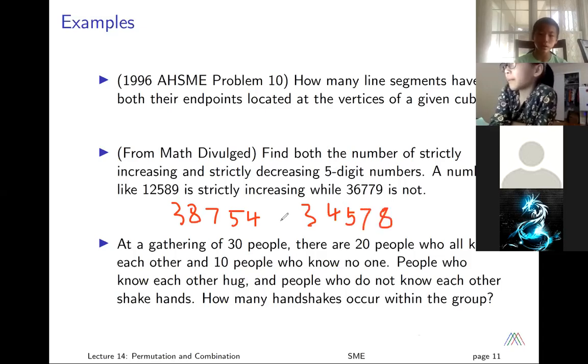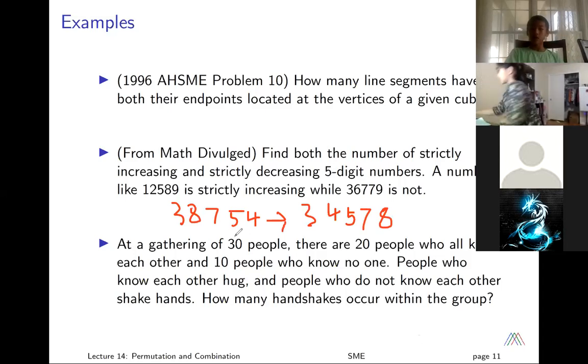For example, 38754 will turn into 34578. Now you've noticed this fact. If there's exactly one way to turn this into that, all we have to do is find how many ways we can choose 5 distinct digits out of 10.